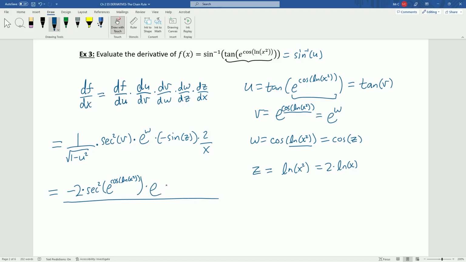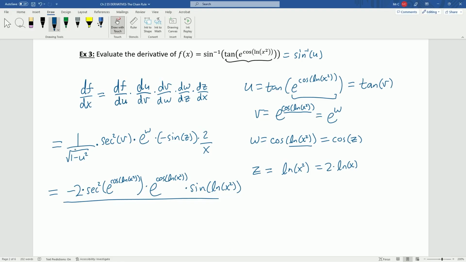Times e to the w, and w is cosine of ln of x squared, times sine of z. Remember, I already put the negative out in front, so this is sine of ln of x squared.